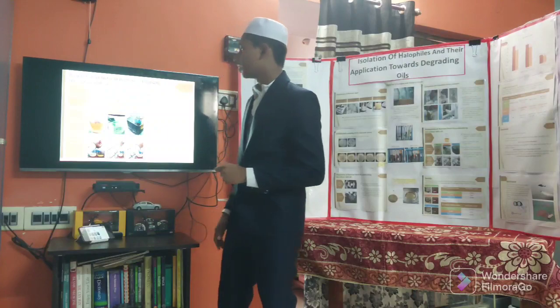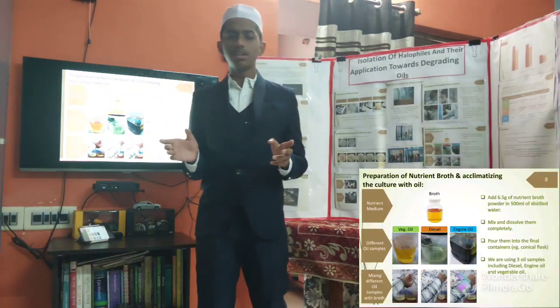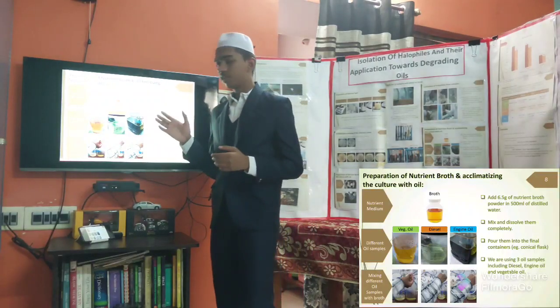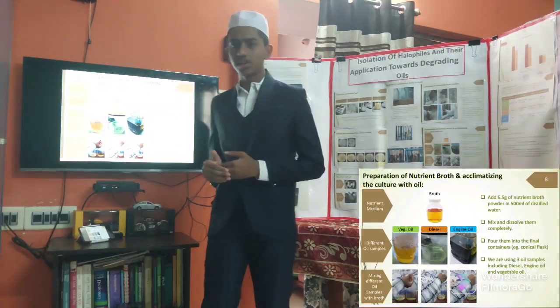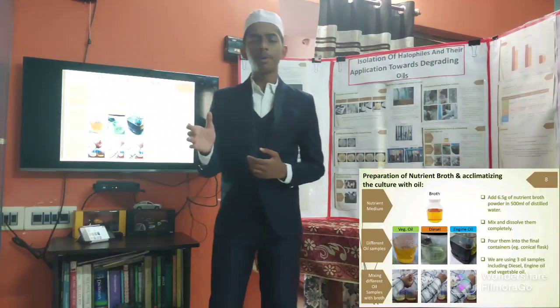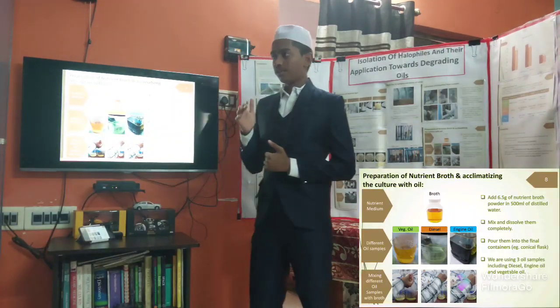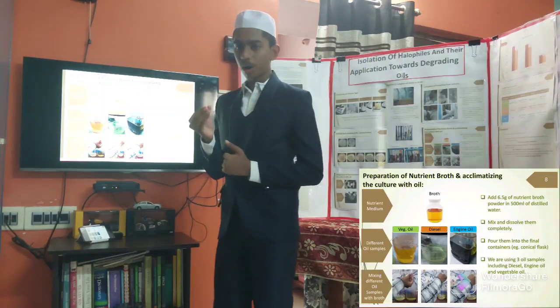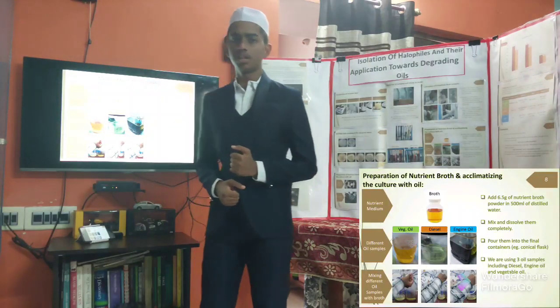The next stage of the project is applying these oils on the halophilic colony. For this, we would require 3 oils: vegetable oil, diesel and engine oil. Before that, we have to prepare the nutrient broth. To prepare nutrient broth, we would require 6.5 grams of nutrient broth powder and 500 ml of distilled water.